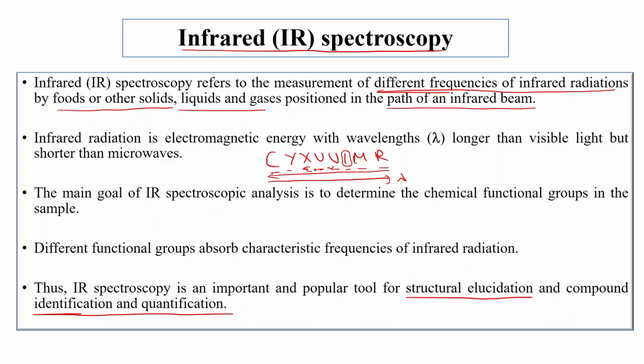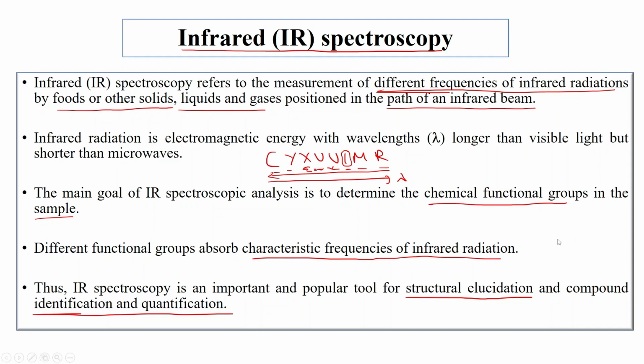The main goal of IR spectroscopic analysis is to determine the chemical functional groups in the sample. I will explain the basics in a very simple manner in the coming slides. Different functional groups absorb characteristic frequencies of infrared radiation because they vibrate at particular frequencies.